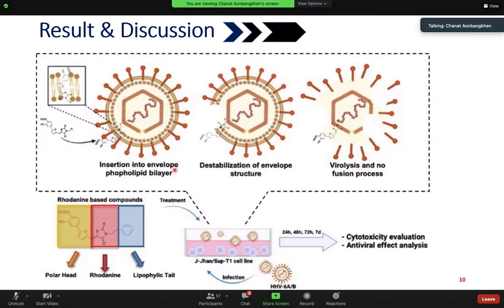The HHV6 virus is an envelope virus. What that means is that for it to have virulence, to infect any cell at all, it has to attach tightly to the cell. Now, the compound that has been synthesized based on rhodamine structure has the ability, because it has a lipophilic tail, and the viral envelope is made up of a phospholipid bilayer.